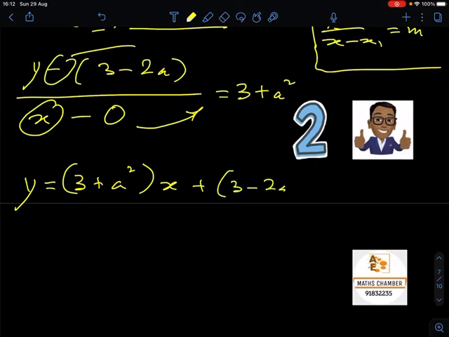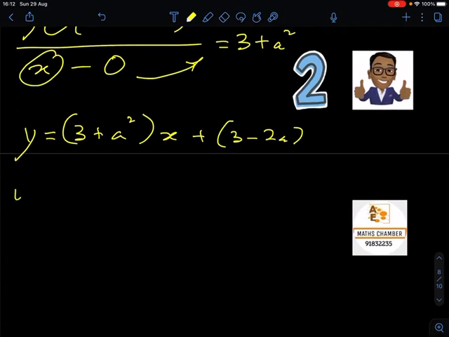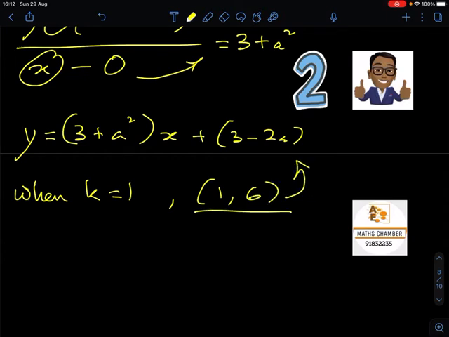When k equals 1, we're using the point (1, 6), and we substitute it into the equation of the tangent.